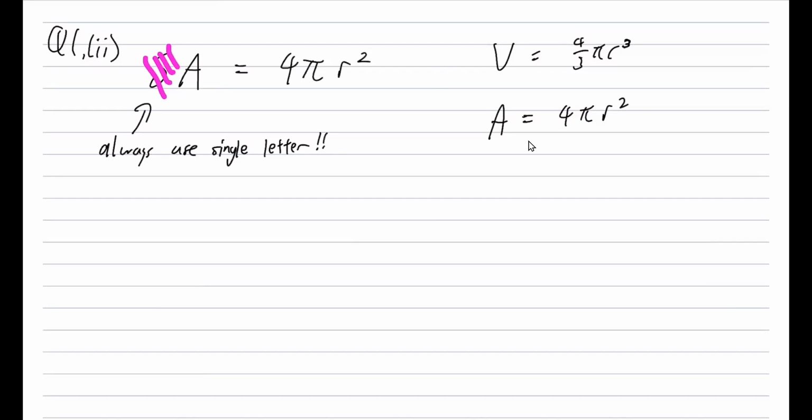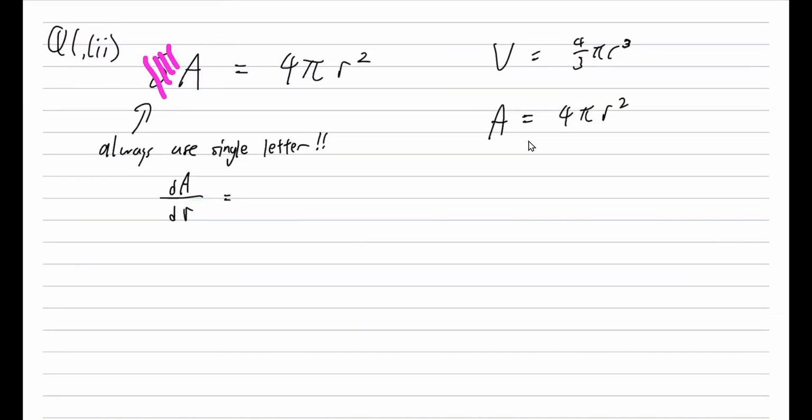Then differentiate 4 pi r square. Tell me what is it? D what by D what? It's not V anymore. Now it's what's on the left side? dA over dr, r the variable.